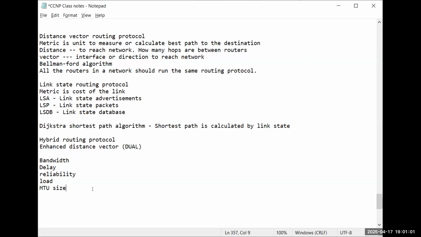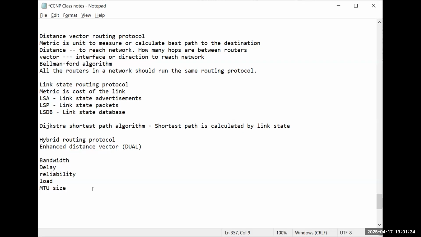So this protocol offers rapid convergence time for any changes in the network. If any link fails, it immediately updates all the other routers in the network, and all the other routers update their routing database. So the convergence time is quick in this hybrid routing protocol category.